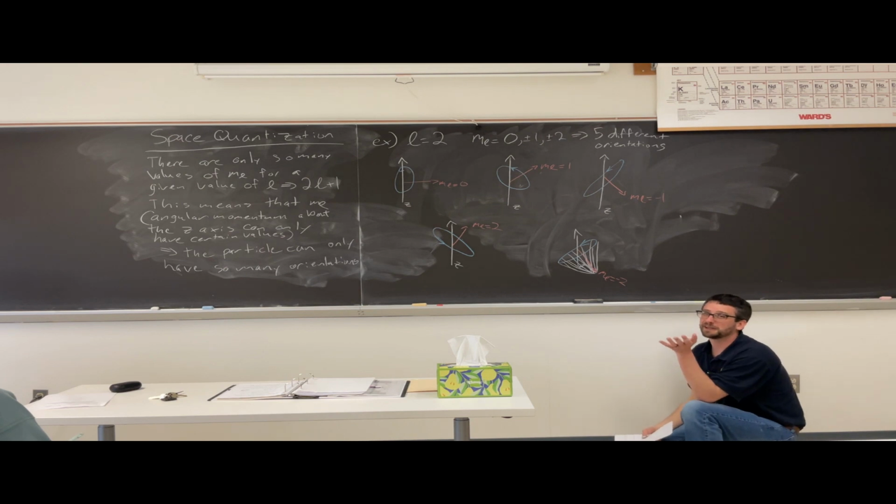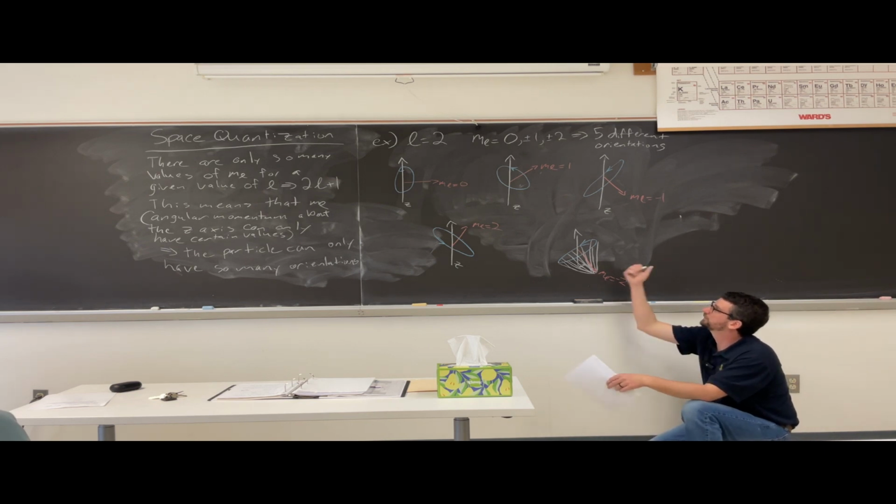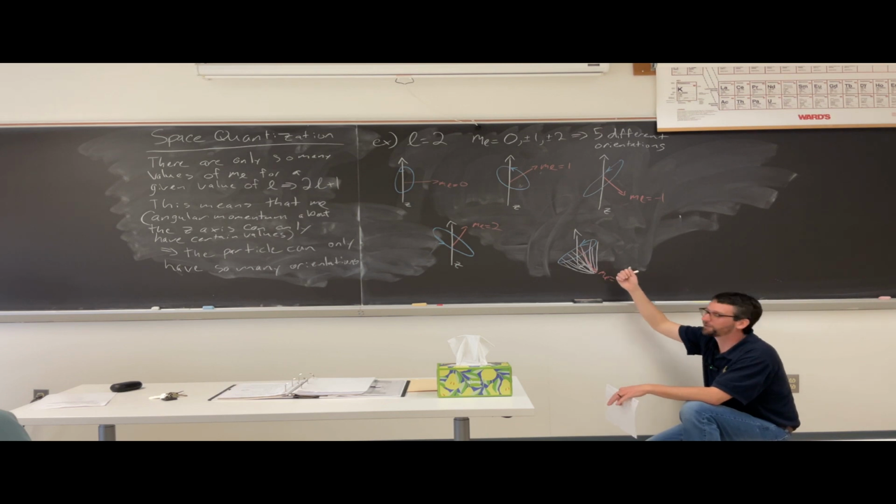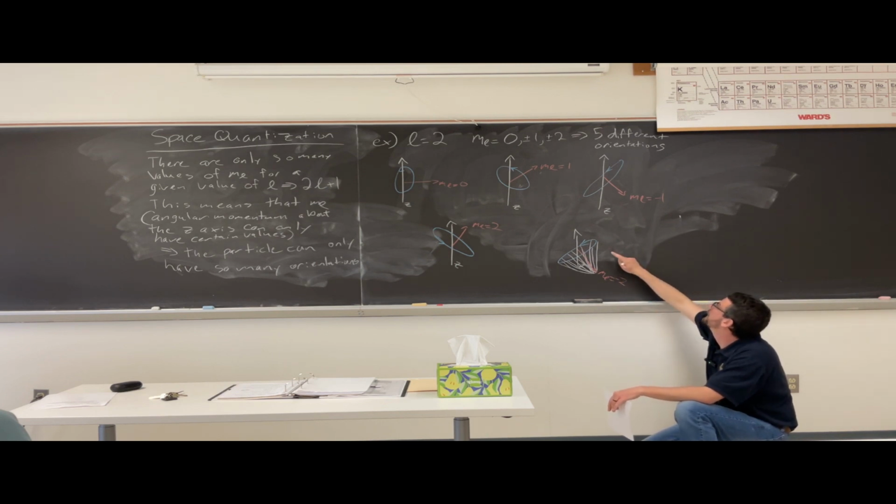Does that explanation make some sense? This is one of the most difficult concepts around because you really have to understand angular momentum and how the right-hand rule works, or the left-hand rule if you're Russian.